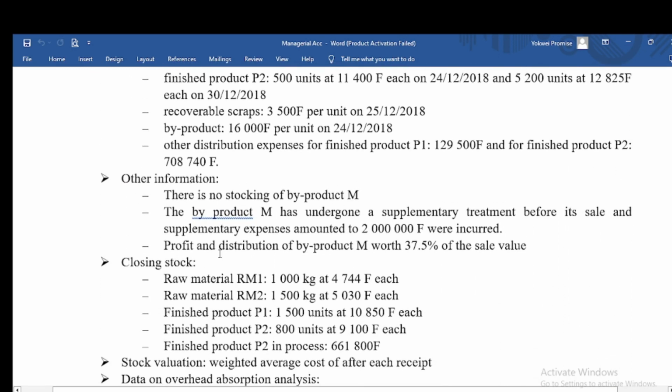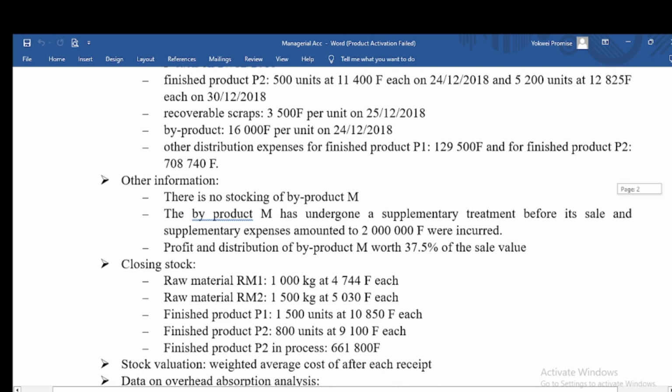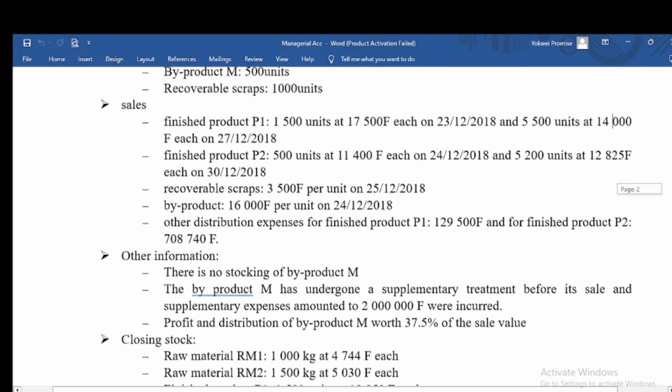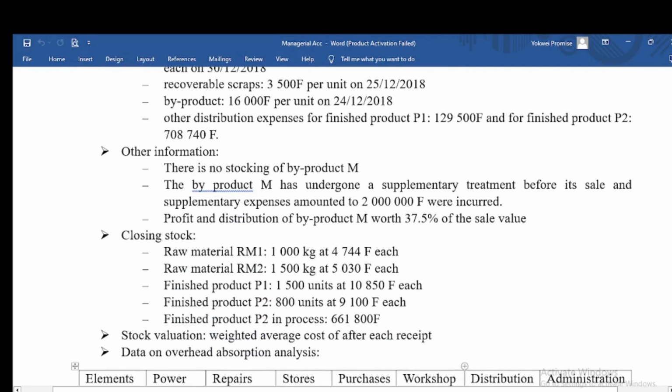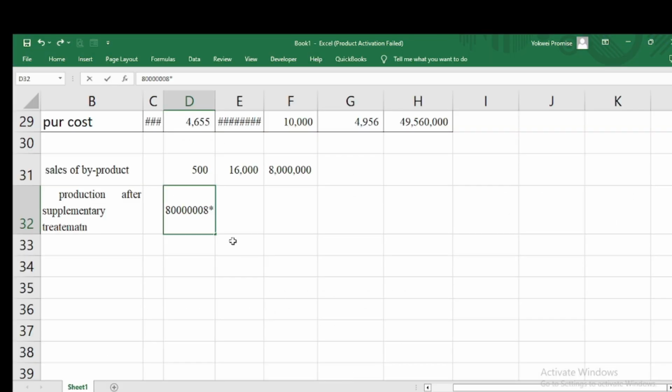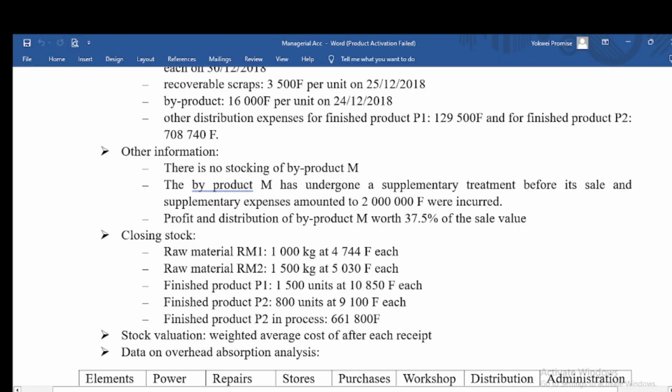They say the profit and distribution of byproduct M is worth 37.5% of the total sales value. So since this is what was distributed, that's the profit.